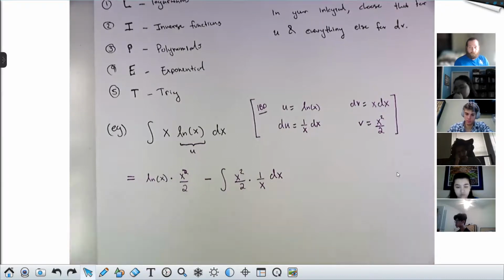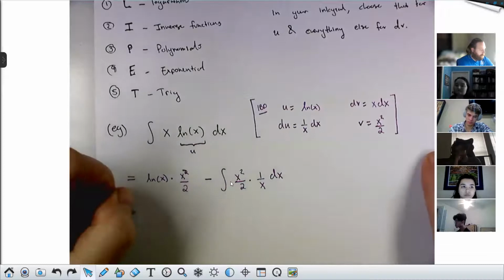And again, we should ask ourselves, have things gotten better? Is this integral easier than the integral I started with? I say yes, because this simplifies beautifully. x squared over 2 times 1 over x. You can cancel this x with one of the x's up here, right? This is x times x upstairs, and this is an x downstairs. And then this 2 downstairs is a factor of 1/2 that can come out of the integral.